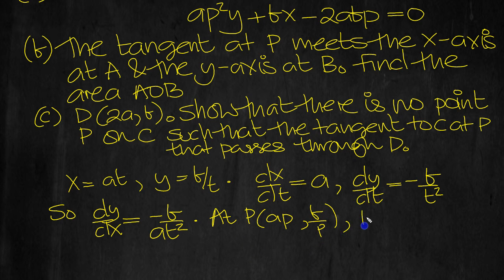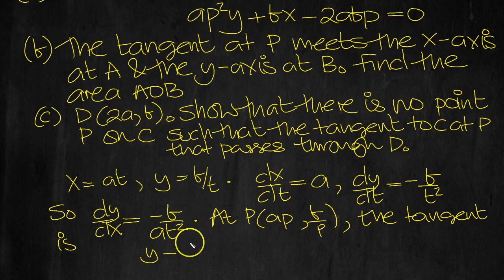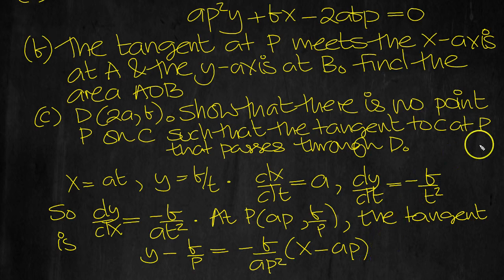The tangent is y minus the y value, b over p, is equal to the gradient here, minus b over ap squared, times x minus ap. So there's our equation.